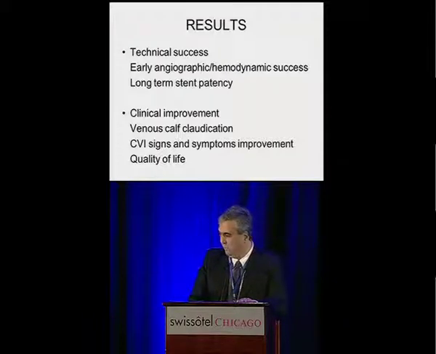But more important than all of that, these patients get a lot better clinical improvement. Those are the ones who would have venous claudication, and it is just gone after the procedure. All the signs and symptoms of chronic venous insufficiency are much better than before the procedure, which helps them improve their quality of life.